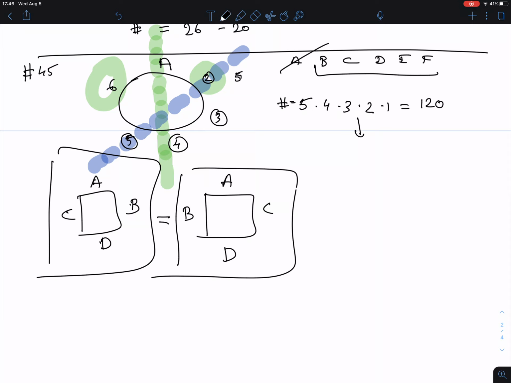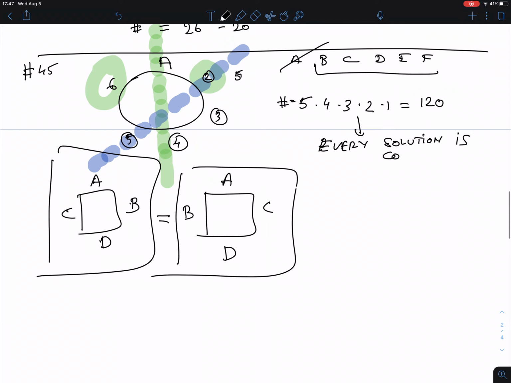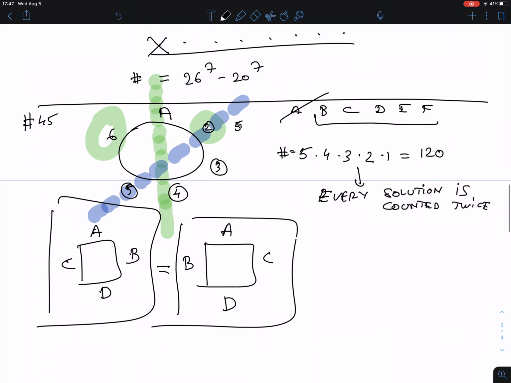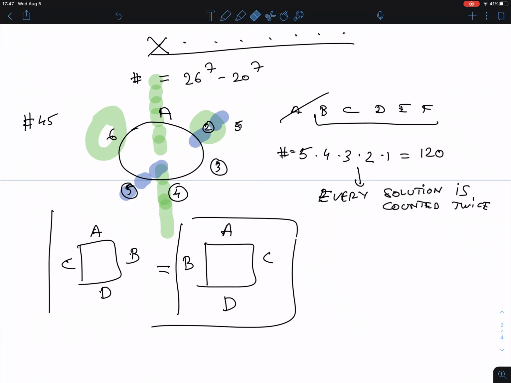So the answer is, every solution is counted twice in this way. Let me get rid of the blue guy here. The blue guy doesn't play. Every solution is counted twice. Why?